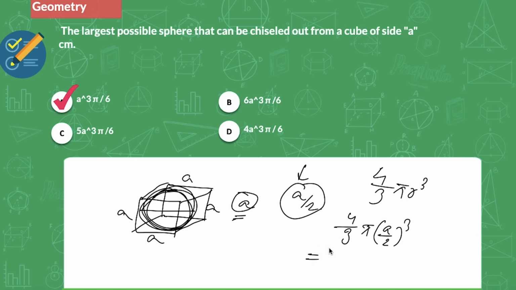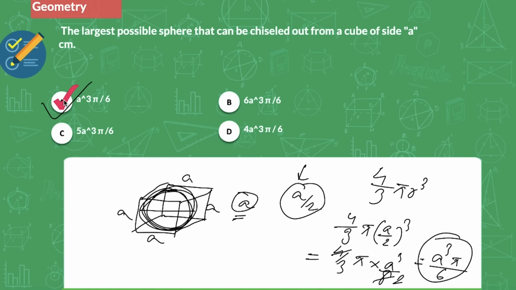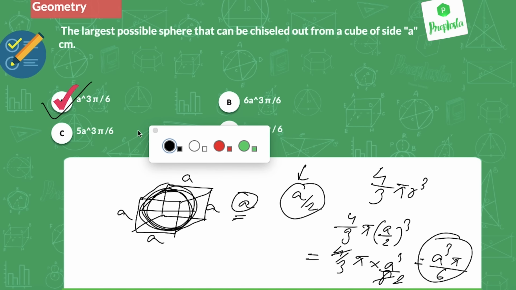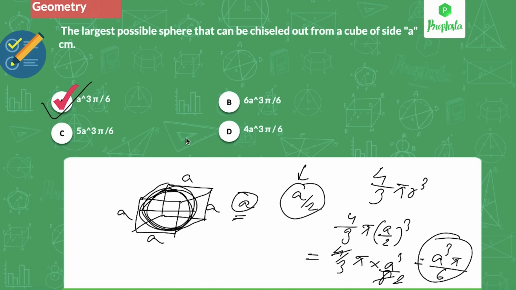That gives 4 by 3 into pi into a cube upon 8. So the answer would be a cube into pi upon 3 into 2, which is 6, which is already highlighted over here. So the answer is option A, that is a cube into pi upon 6. An easy question from geometry.